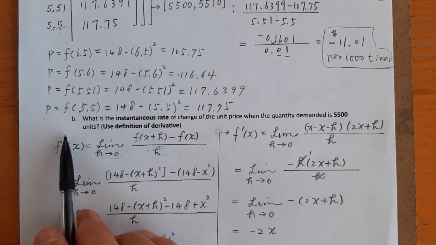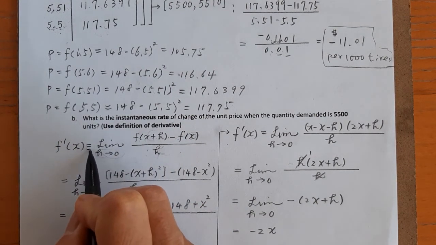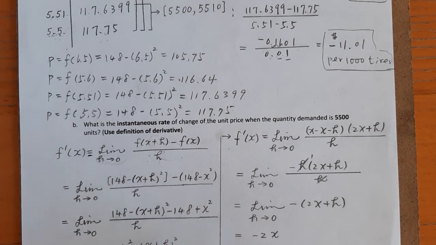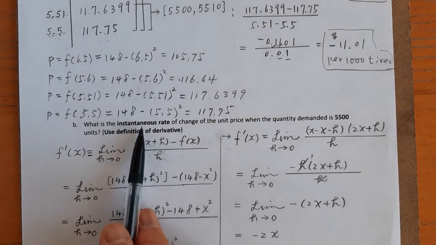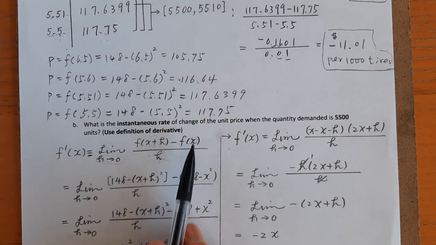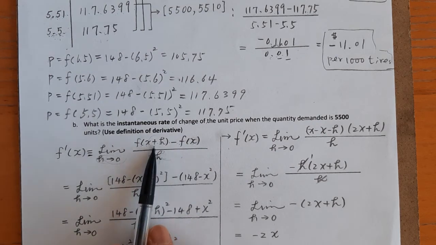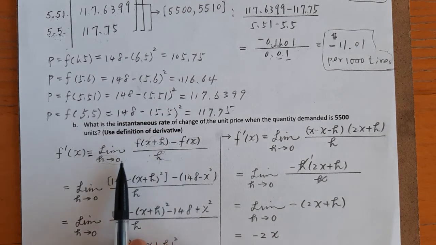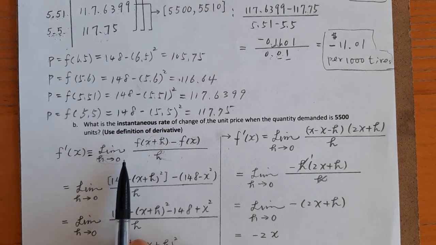We use this symbol, defined as f prime of x. With this we call derivative. So what is derivative? Actually, it is the instantaneous rate of change. It's the slope formula at that point.